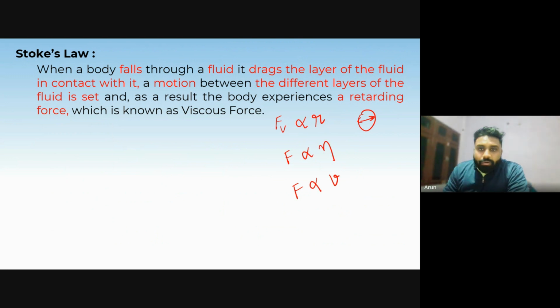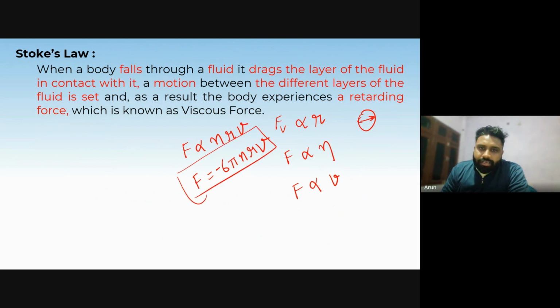So if you combine all of that, the force is directly proportional to eta r v. And to remove this proportionality sign, experimentally the constant that comes is 6 pi, so F = -6 pi eta r v, and it is minus because it is retarding in nature. So this is simply the Stokes law.